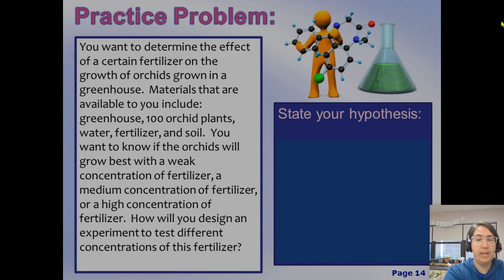All right, so let's practice using the scientific method. Here's our practice problem. You want to determine the effect of a certain fertilizer on the growth of orchids grown in a greenhouse. Materials that are available to you include a greenhouse, 100 orchid plants, water, fertilizer, and soil.